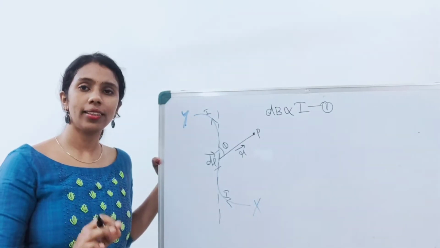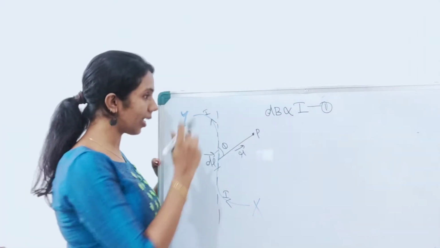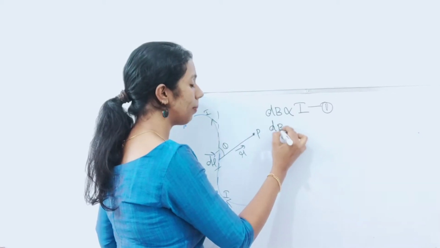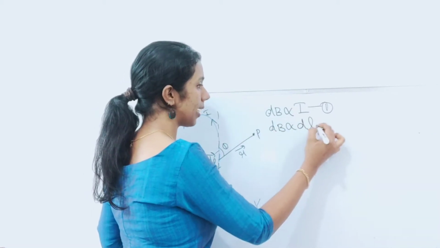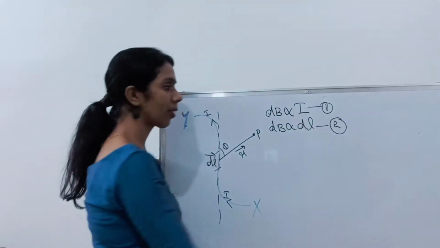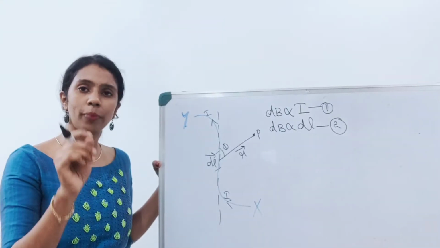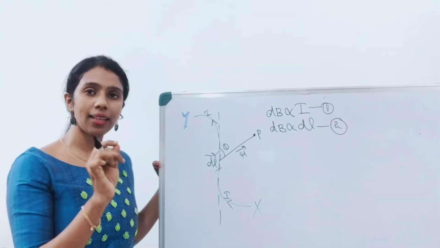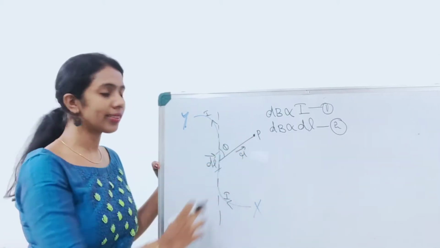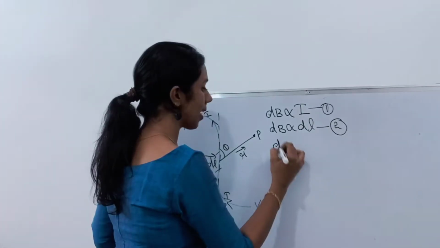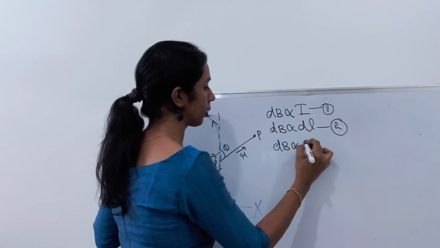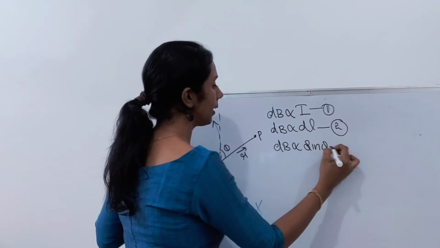The magnetic field is also proportional to the current element, so I can write dB is proportional to dl. Second equation. It is also proportional to the sine of the angle between dl and r, so dB is directly proportional to sine theta. Let it be the third equation.